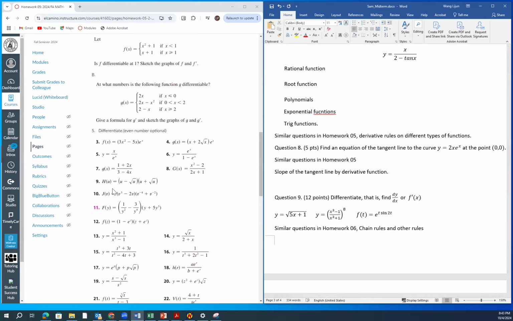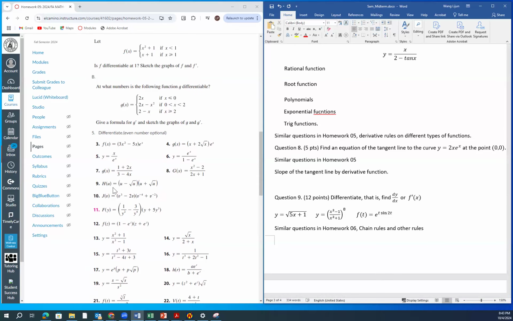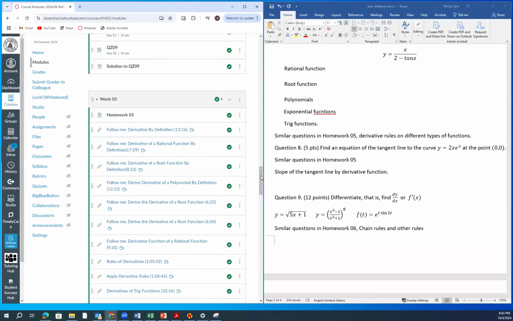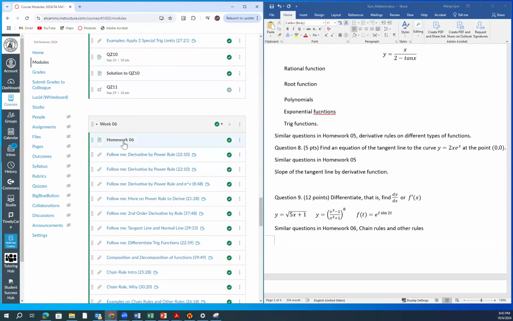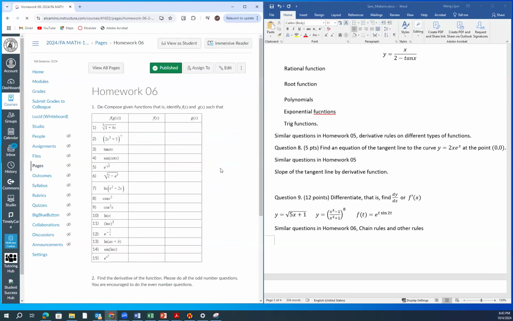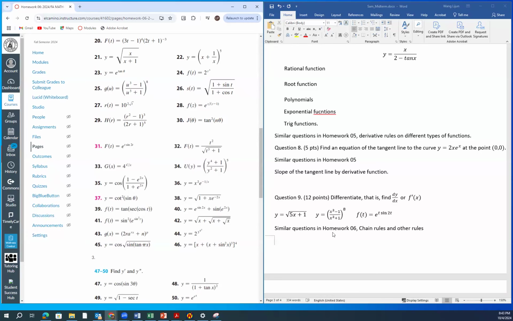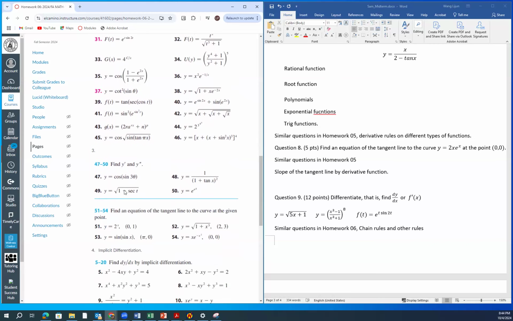So this will take us to homework number 6, chain rule and other rules. The questions I've chosen here are randomly chosen from your homework. In this part, I'll be choosing from the odd numbers, okay?